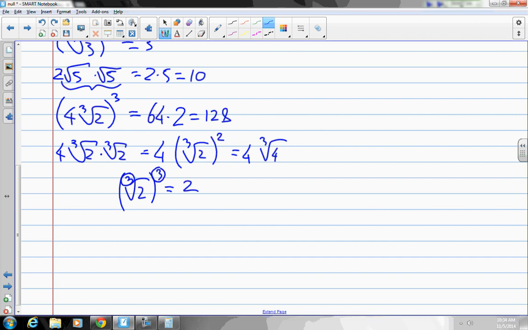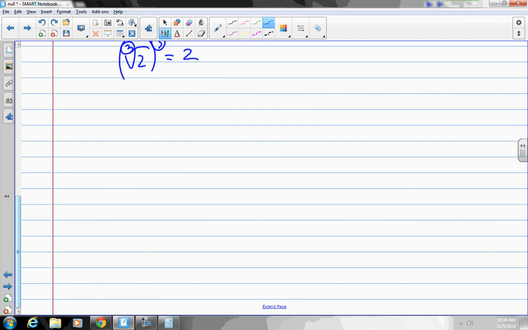I would need 4 of them. So if I give you this problem, let's say I have the 4th root of, I don't know, 3, okay? And I ask you, what do you have to multiply this by in order for all the radicals to go away and have just a pretty integer answer?